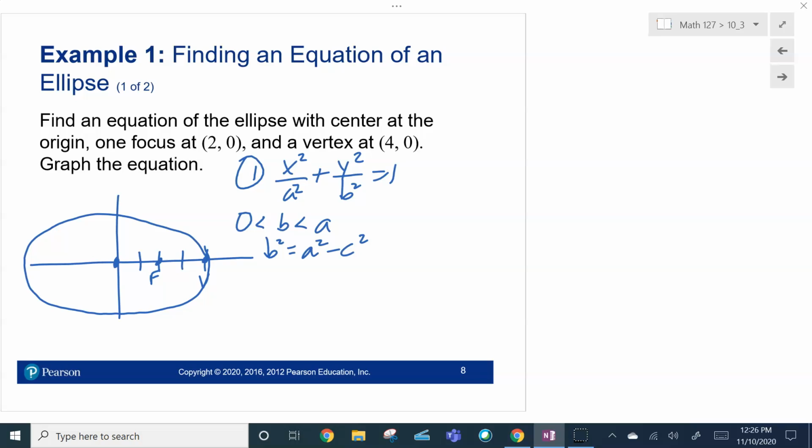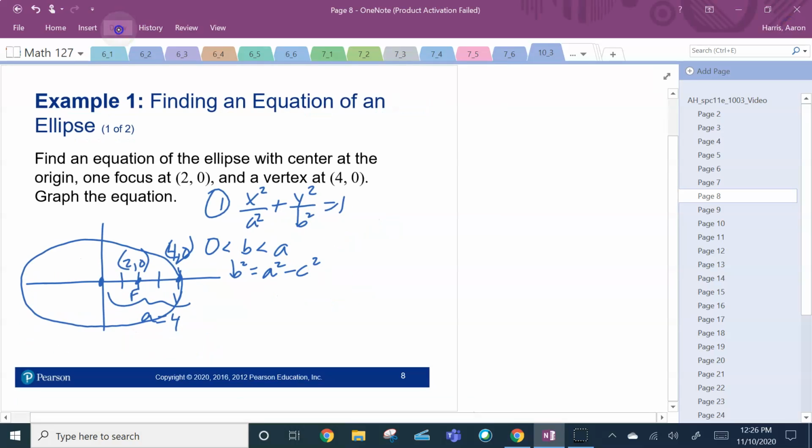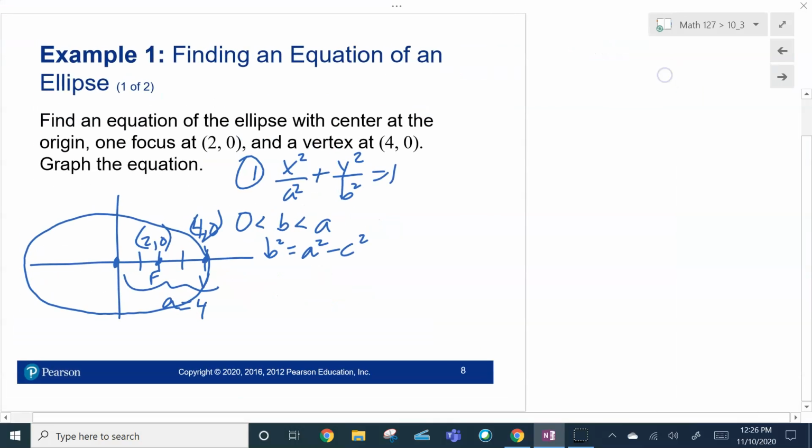Since this vertex is at (4, 0) and my focus is at (2, 0), we've got an a value of 4, and our c value, the distance from the center to the focus, is 2. So a is 4, c is 2.